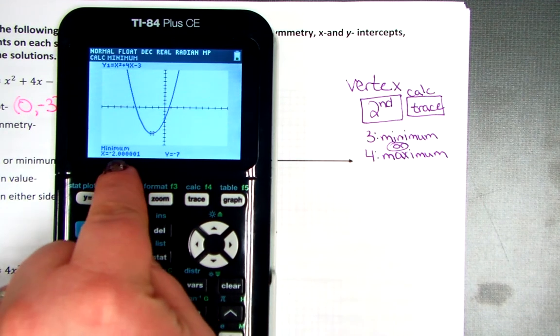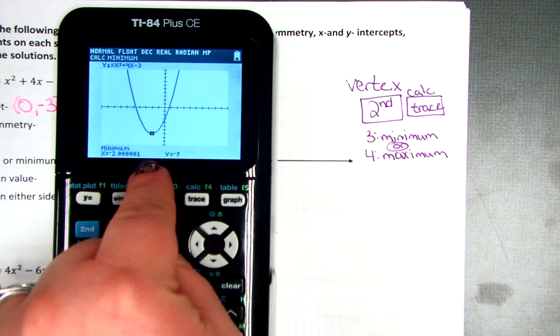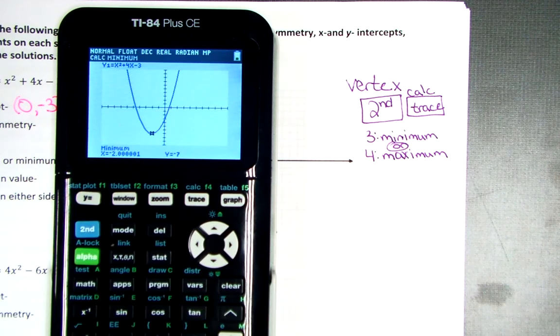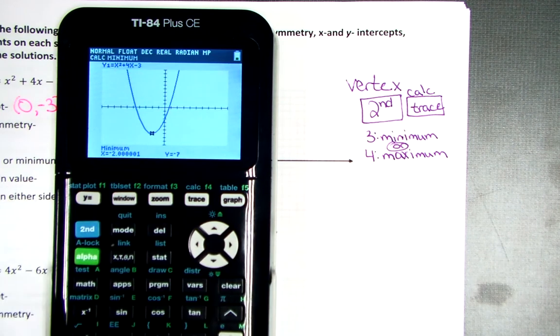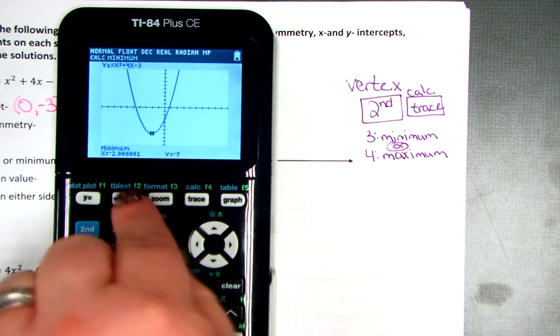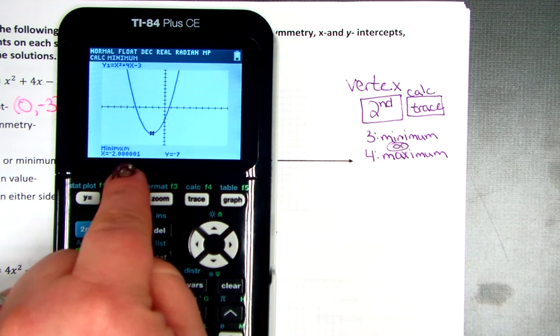Occasionally, you'll see a minimum that has a bunch of zeros and then a number at the end, or you may have even seen one that has an E and then a negative number at the end. You need to be able to round this to a reasonable number. Remember, it's just searching, and it's doing the best that it can to find that minimum value.